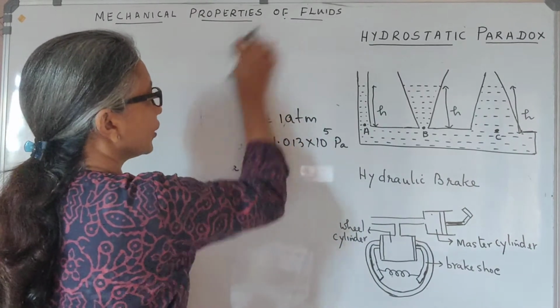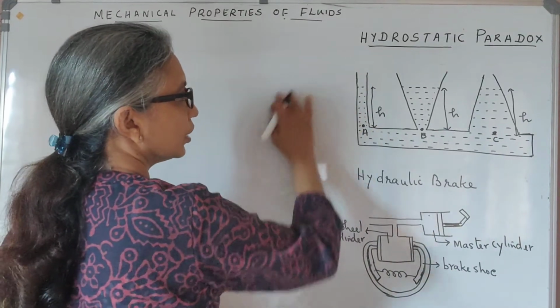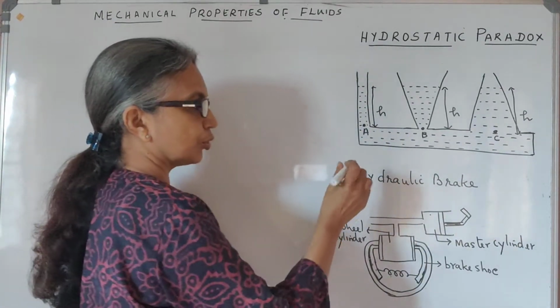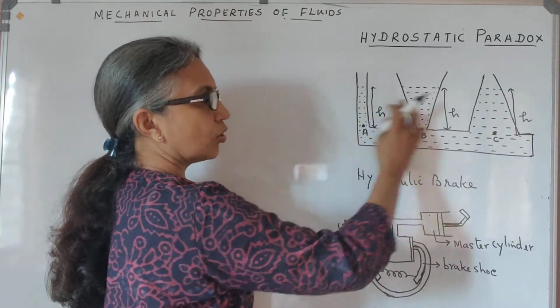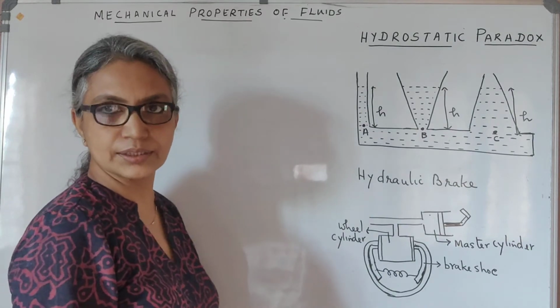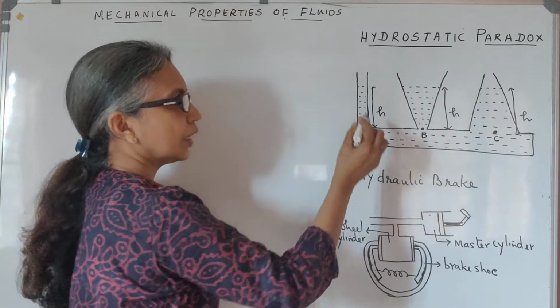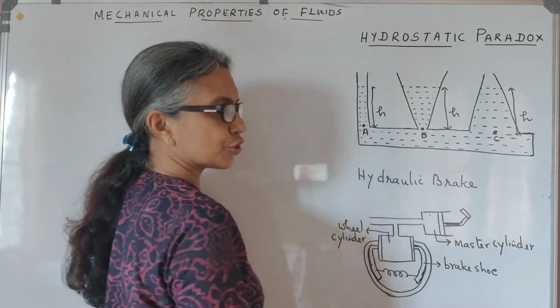Now we have something called the hydrostatic paradox, which I have drawn here for you. We have the same fluid in all the three vessels, so obviously the density rho is the same. And you will see that these containers are all of different shapes.